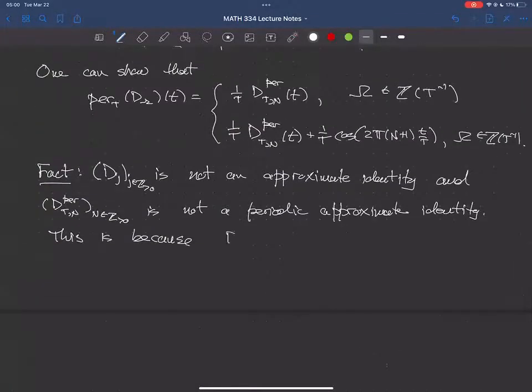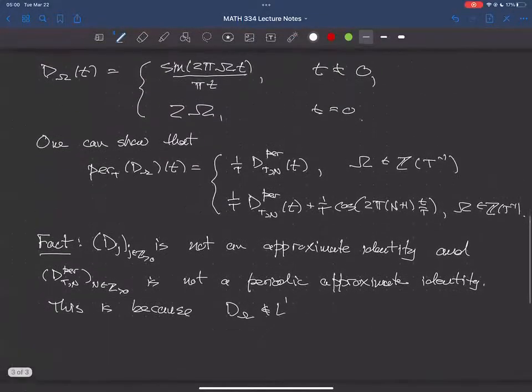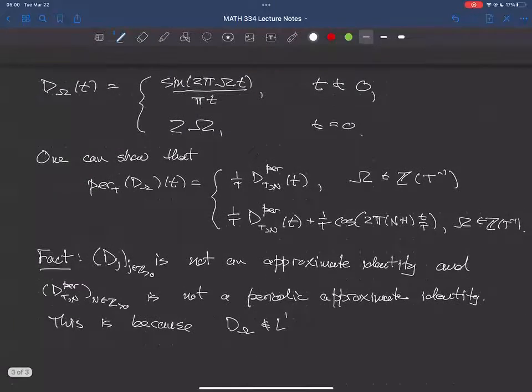Okay, so D omega is not in L1. Okay, so that's in the aperiodic case. All right, so one of the conditions in the aperiodic case was that all the signals in your sequence, which you called an approximate identity, had to be in L1. Right? You had to perform certain convolutions with them. All right.